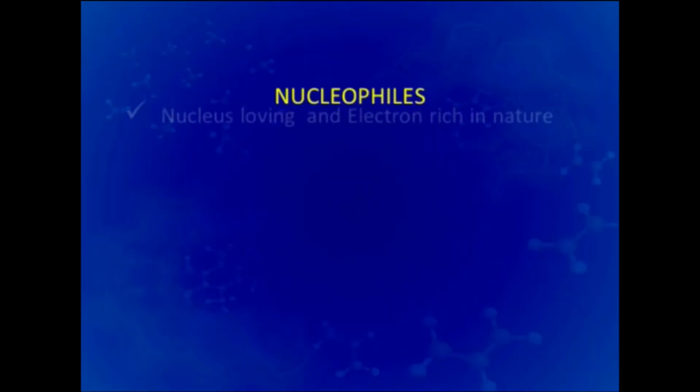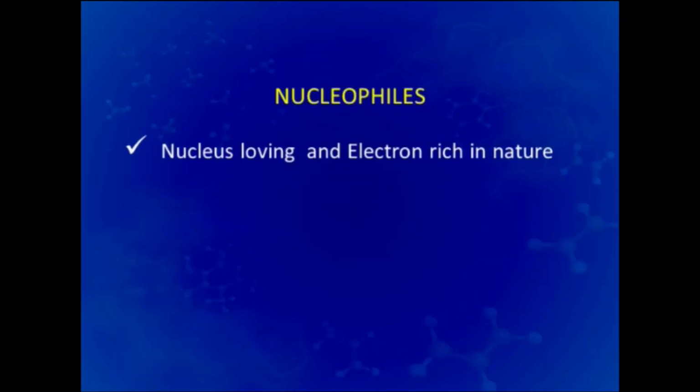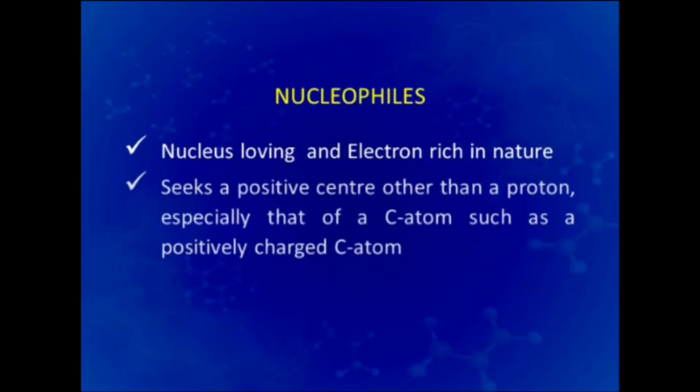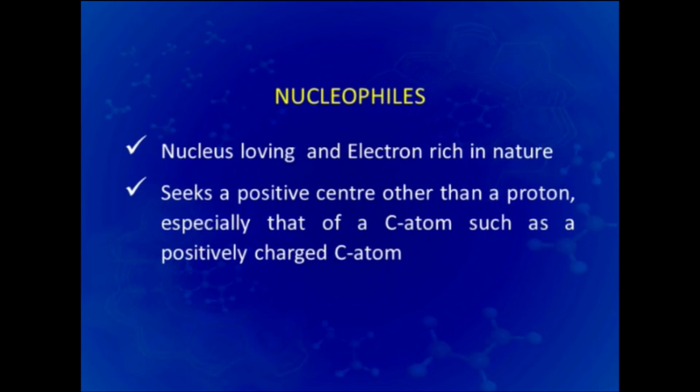Nucleophiles are, as the name depicts, nucleus loving. Because they are nucleus loving, that means they are electron rich. They have high electron density and therefore they seek a positive center other than of course proton, especially that of a carbon atom, such as a positively charged carbon atom.